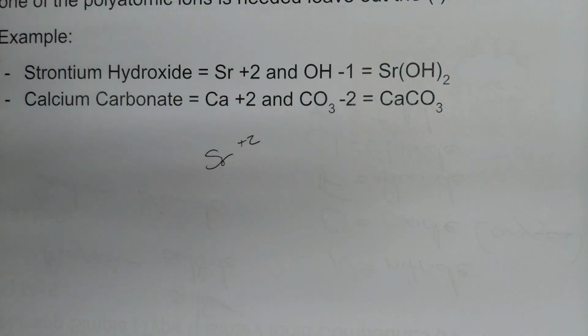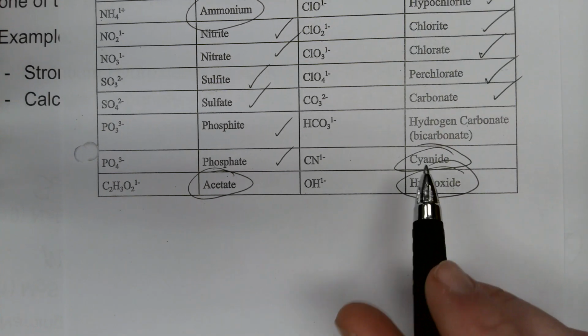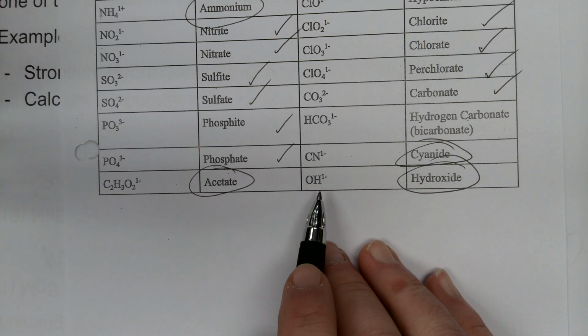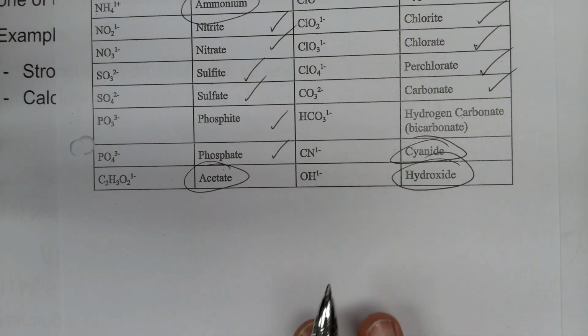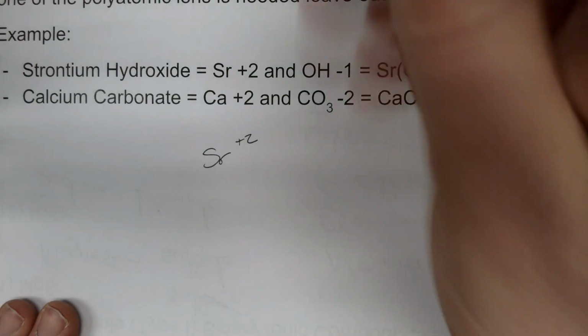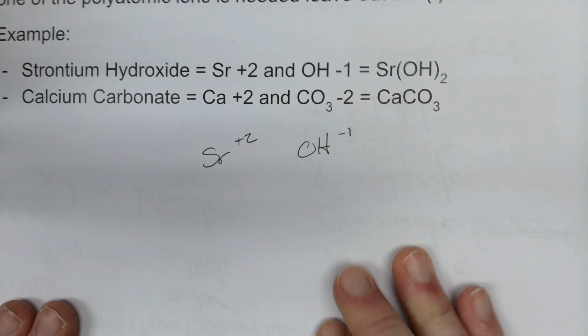Hydroxide, that's where I bring in my sheet over here. Hydroxide is an oxygen and hydrogen to give me an overall charge of -1. OH -1.